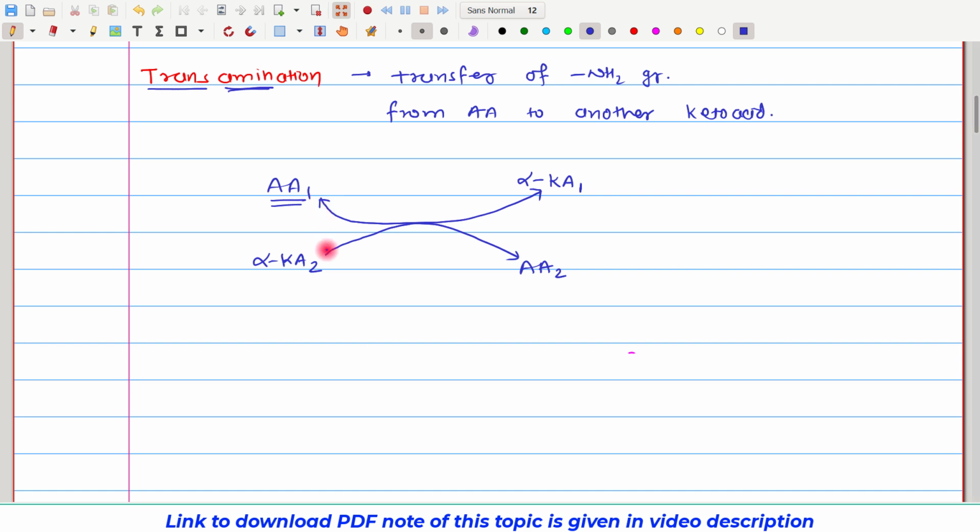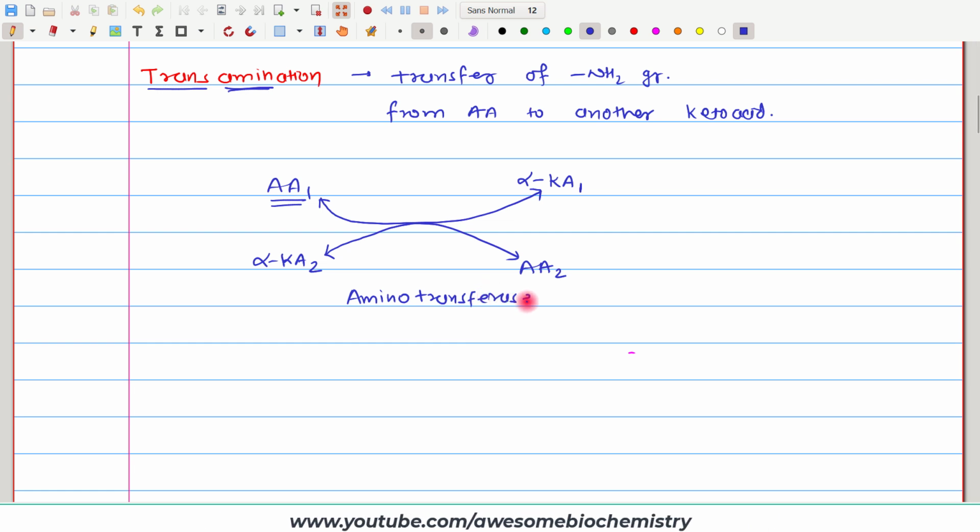Transamination reactions are reversible and they are catalyzed by the enzymes aminotransferases. They are also known as transaminases. All these aminotransferases or transaminases require one coenzyme, and that coenzyme is pyridoxal phosphate.